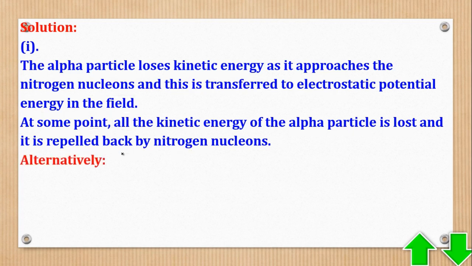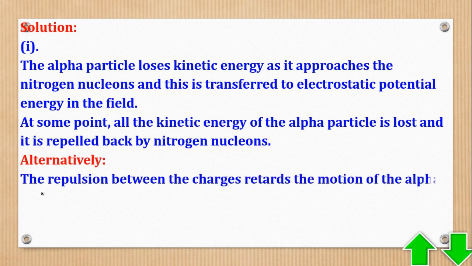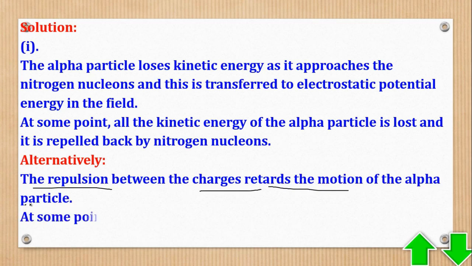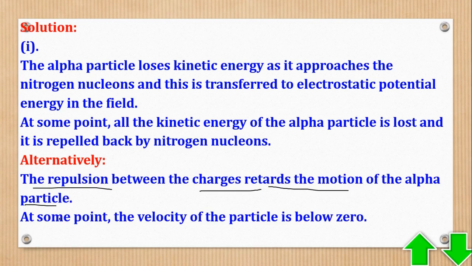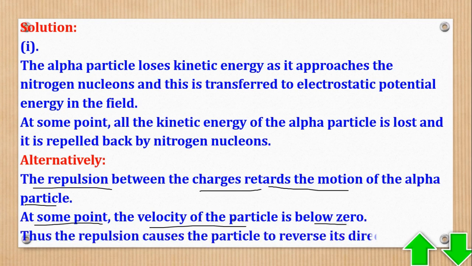So that is one way of explaining, but alternatively you can also say that the repulsion between the charges retards the motion of the alpha particle, and as a result, at some point the velocity of the particle is below 0, meaning it is now negative. Thus, the repulsion causes the particle to reverse its direction. So any of the 2 is okay.